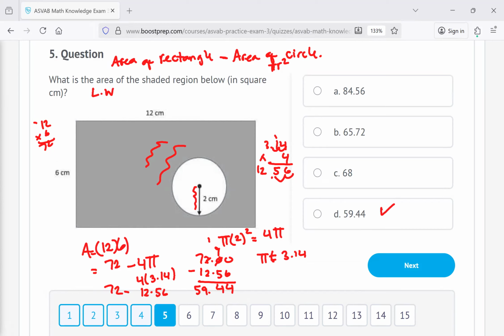So on this one, you need to know the area of the two shapes, the area of a rectangle and the area of a circle, and then subtract them, and you get the area of the shaded region.